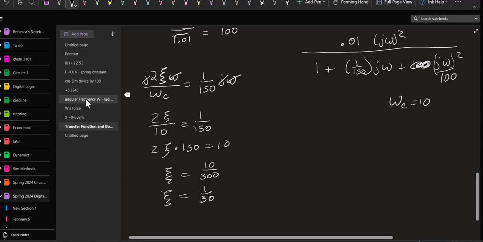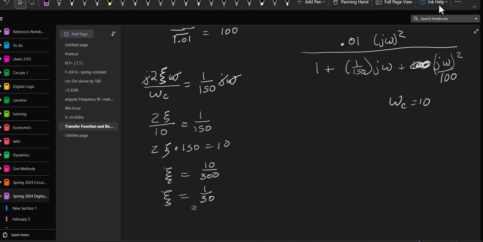I don't know if the problem asked for it or not, but that's how you could find it if you needed it. That's what's called the damping factor.